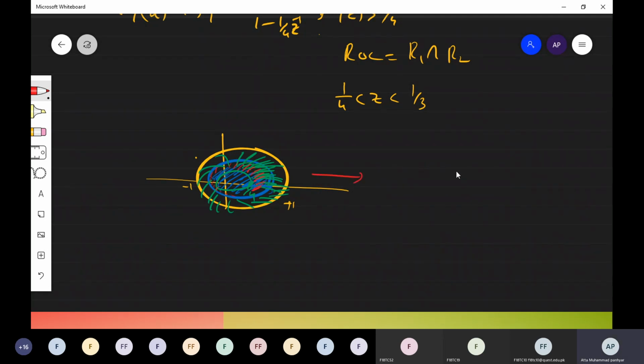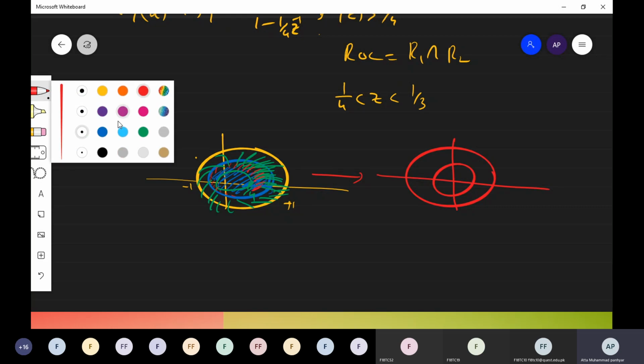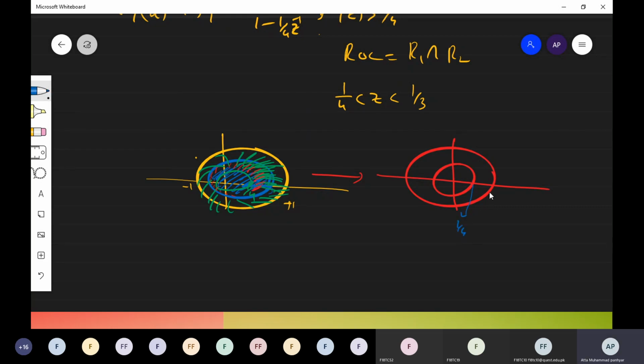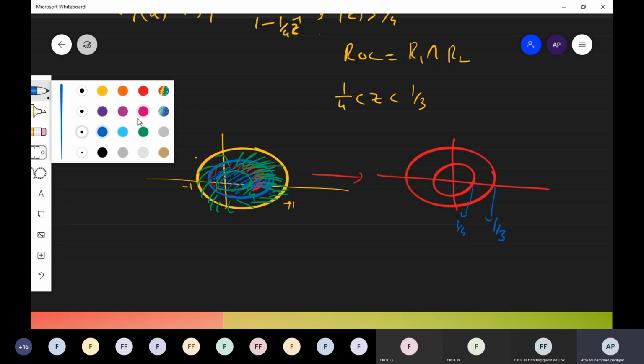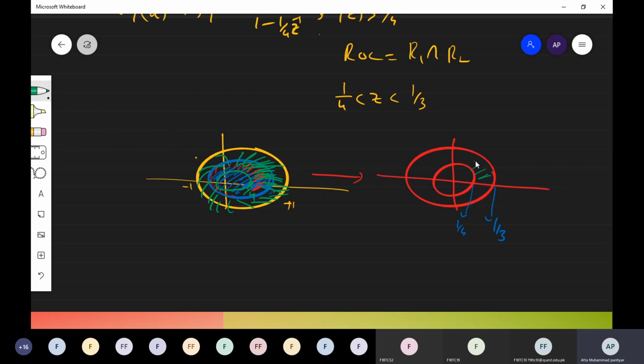So if I draw it here, this point is 1/4, and this point is, for example, 1/3. So the region of convergence is within 1/4 and 1/3. So for this sequence, the region of convergence is this, right?